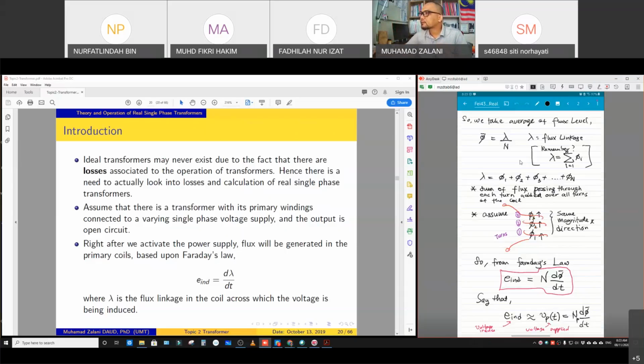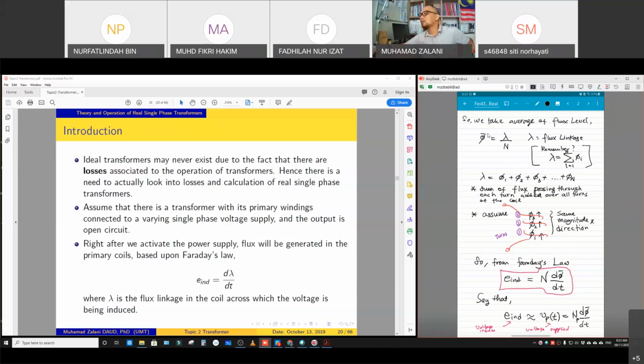Then, so what we do is we can take the average. Okay, if we have many phi's but not the same value, we can sum all of the phi's and then divide by N, because we want to get the average phi, right?